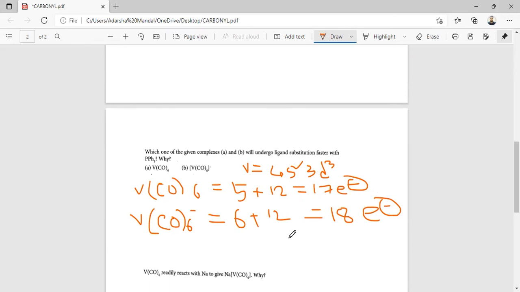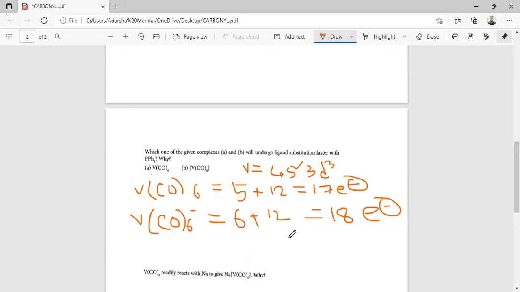So the ligand substitution mechanism is different in these cases. V(CO)6 is unsaturated, a 17 electron complex, so it will go via an associative mechanism.